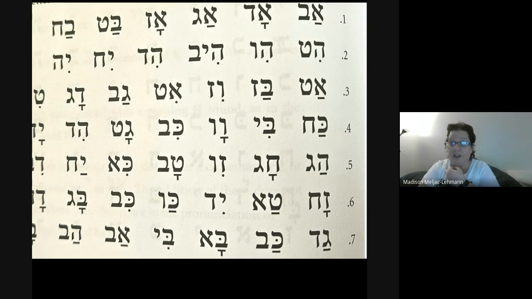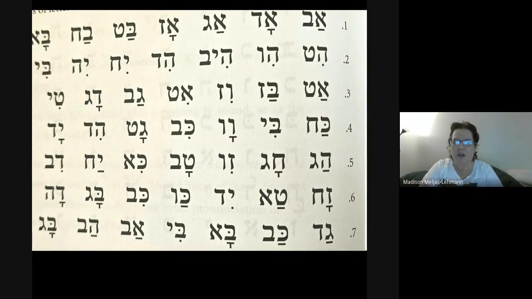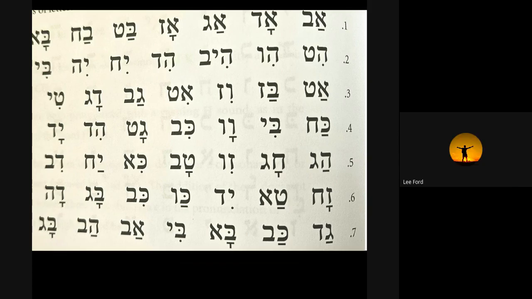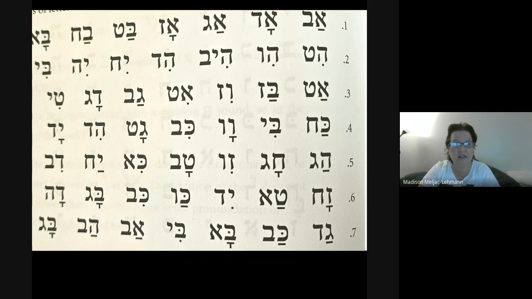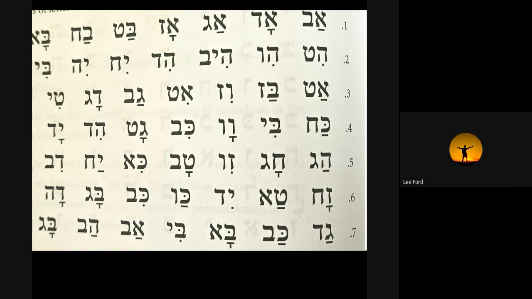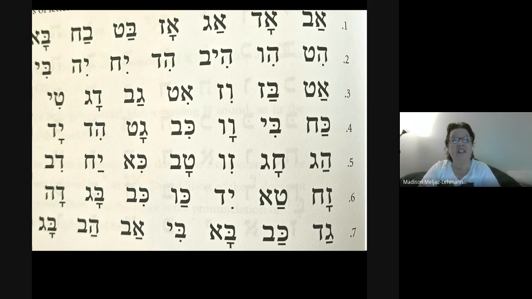Now I'm trying to find a nun. A nun has a platform that it sits on. So it kind of looks like a nun. Is that what that is? Is that a final nun? No, because it doesn't go below the line, but that was a great guess. This is a vav.